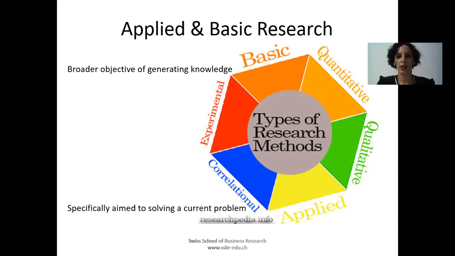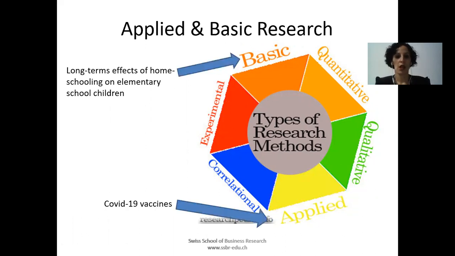But you can see here that there are lots of other types of research, and I'm going to address various of them in 1 minute. But so we can finish really understanding the differences between applied and basic research, let's take it to the coronavirus situation. Yet again, I'm referring to the current situation that everybody's talking about. Applied research is what scientists and pharmaceutical companies are doing in order to create the COVID-19 vaccines, because they are researching based on a specific problem that needs to be resolved.